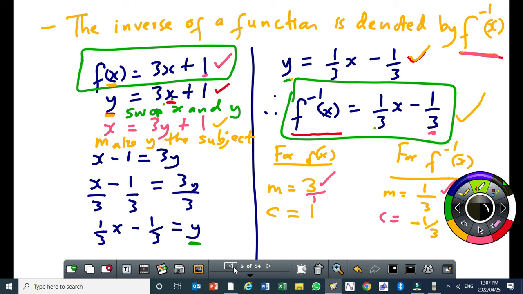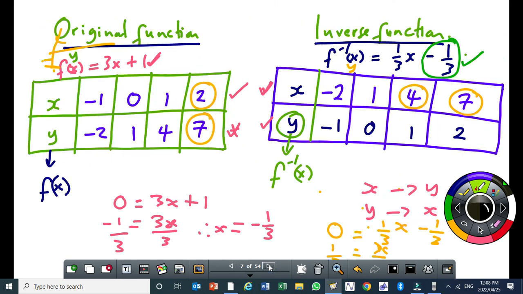You must come and show me the equation of your inverse. If you found your inverse, then you must come forward and show me.